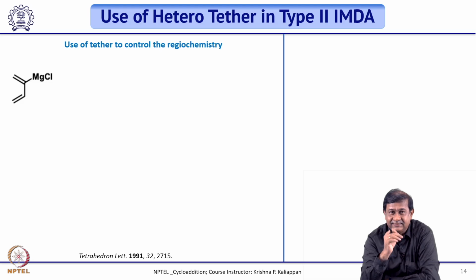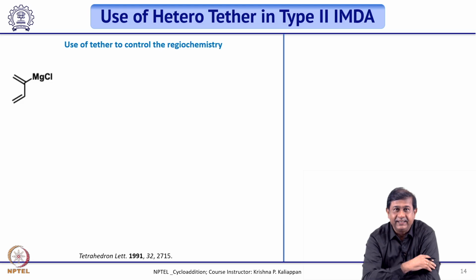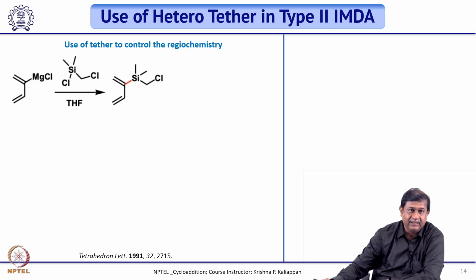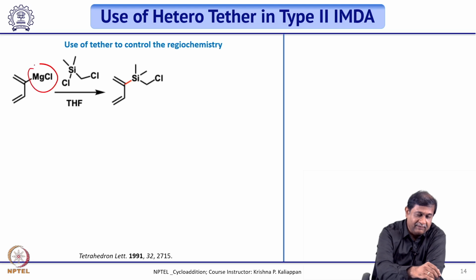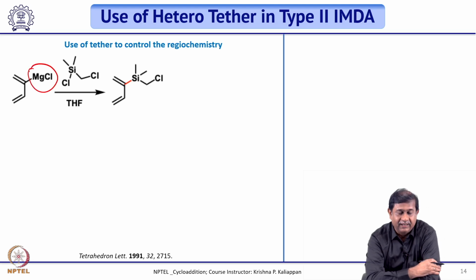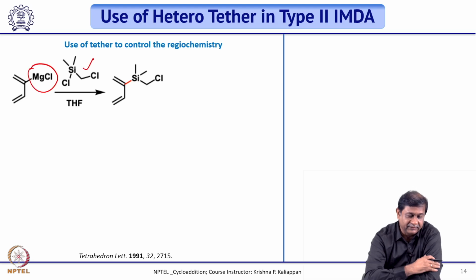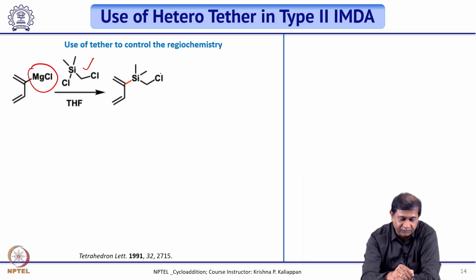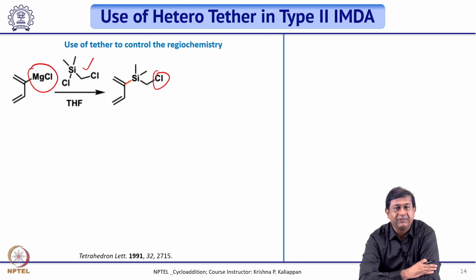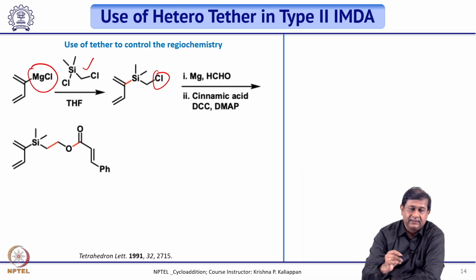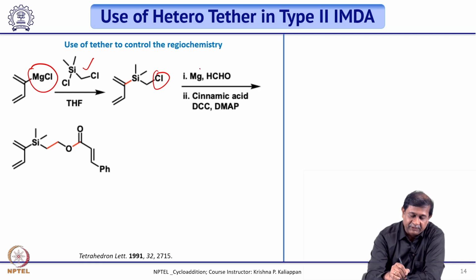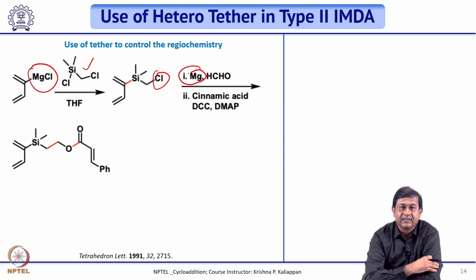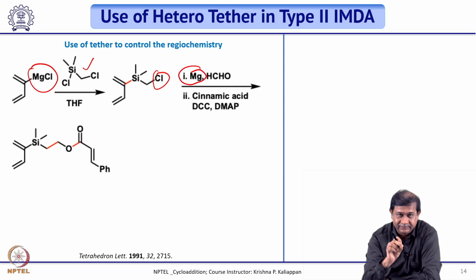So, how do you attach that tether to the diene? For example, if you have this vinyl magnesium chloride and you quench with the corresponding silyl chloride, now you have a silyl methyl chloride. This chloride, upon treatment with magnesium, will form a Grignard.